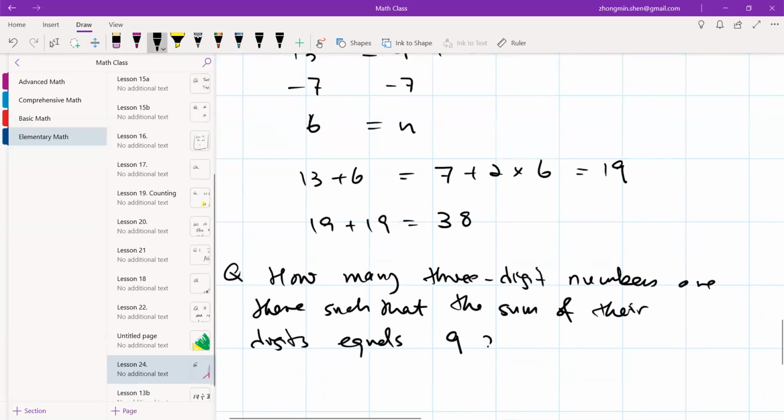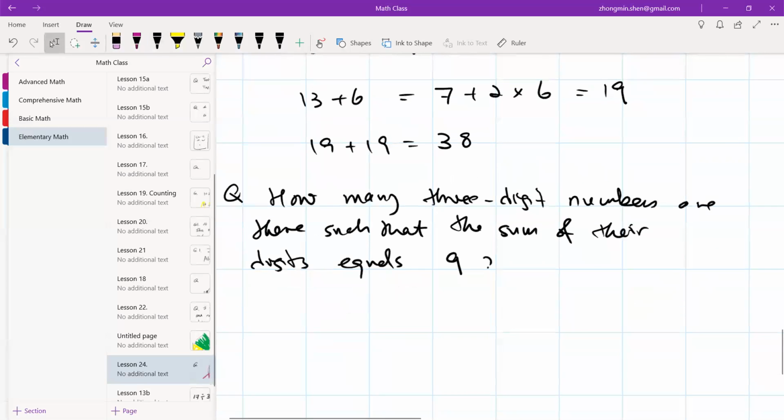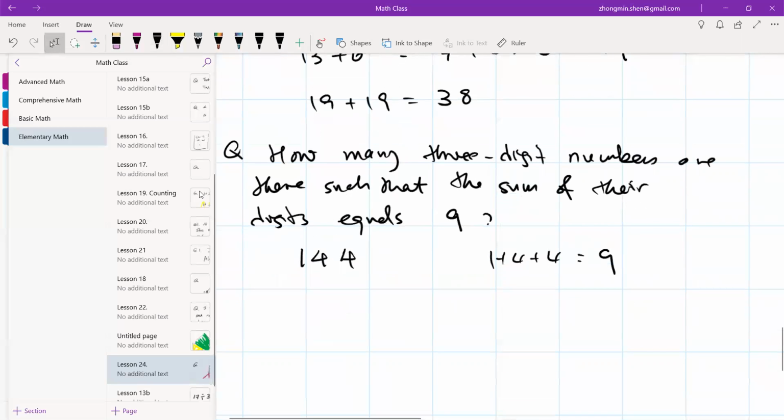Okay, so that means such as 1, 4, and 4, right? And this 1 plus 4 plus 4 equals 9. The question is, how do you calculate?